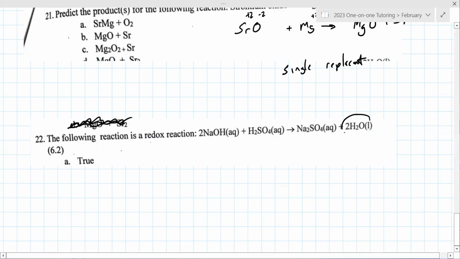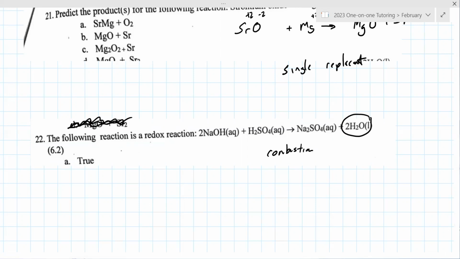The fact that water is formed leads me to believe that this is a combustion reaction or something else. I guess that's where I would answer it or correct it.